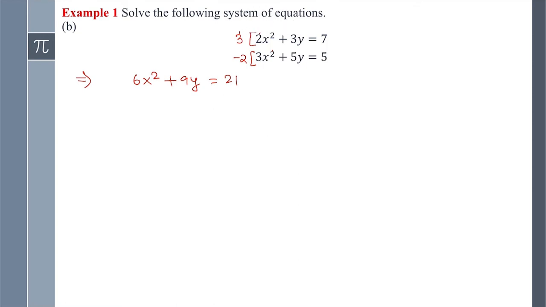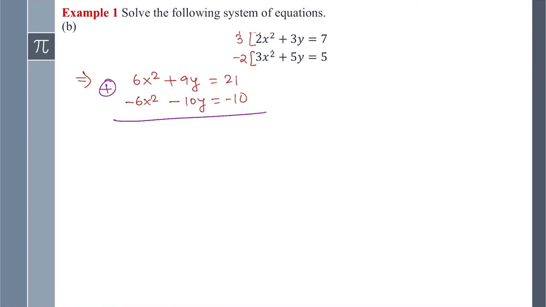Multiplying the second equation by negative 2, we get negative 6x squared minus 10y equals negative 10. Then we add these two equations.